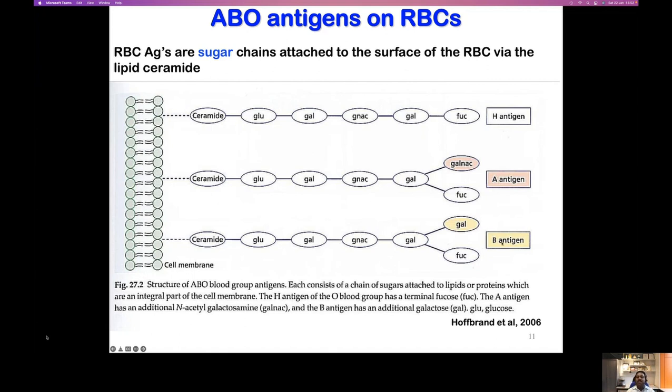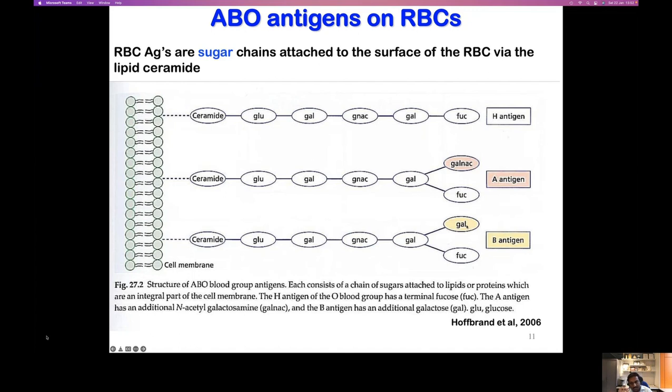When you come to the B antigen, same ceramide molecule, glucose, galactose, and N-acetyl glucosamine. Sorry, this is N-acetyl glucosamine, this is galactose, and then in the end they will have fucose sugar, and here just galactose sugar, not N-acetyl galactosamine. Try to remember that. In B antigen, they will have 2 sugar molecules at the terminal.